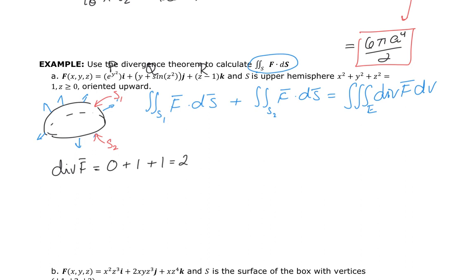So we just get 2. Oh, that's lovely. Why is that lovely? Because this triple integral over this region E is just going to be 2 times the volume of the shape. Well, the volume of that shape is half of a sphere. So I just have to figure out what the volume of a sphere is and take half of that. And then lo and behold, I can skip a good share of the work on the right-hand side.